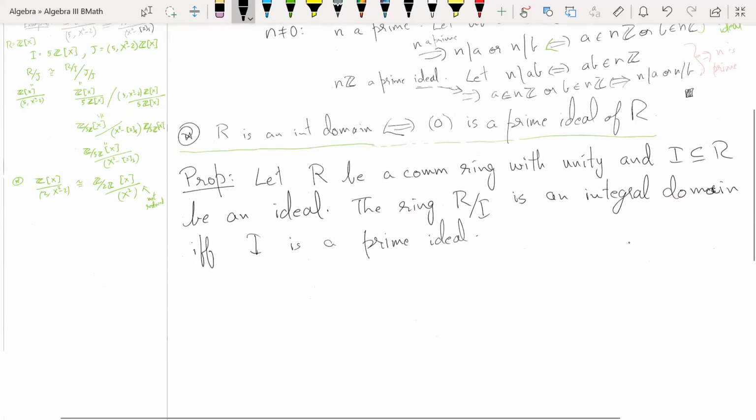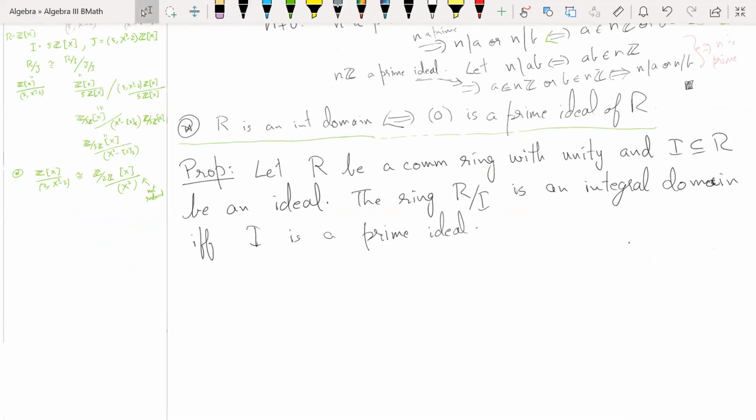Recall that in the definition of integral domain, we assume that the ring is a commutative ring with unity and is non-zero. So R mod I being an integral domain, in particular, means that I is not the whole ring R. Let's see a proof of this statement.